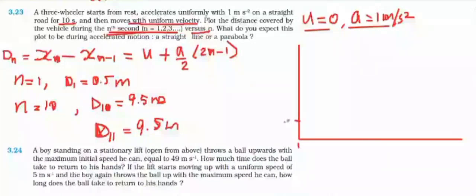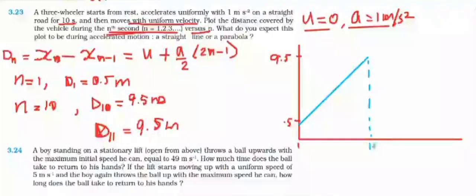This point will be 0.5, then the maximum value you will get is 9.5, and it happens at the 10th second.